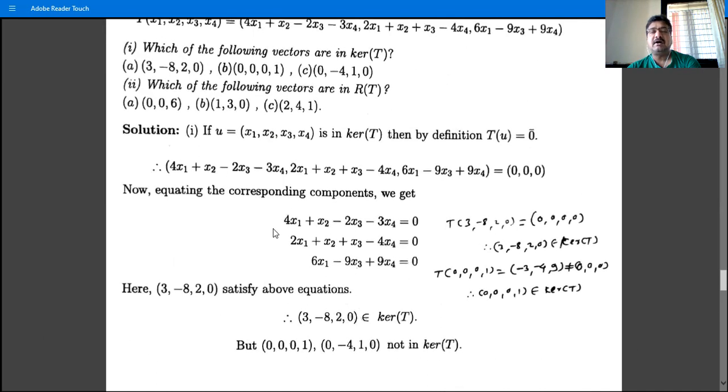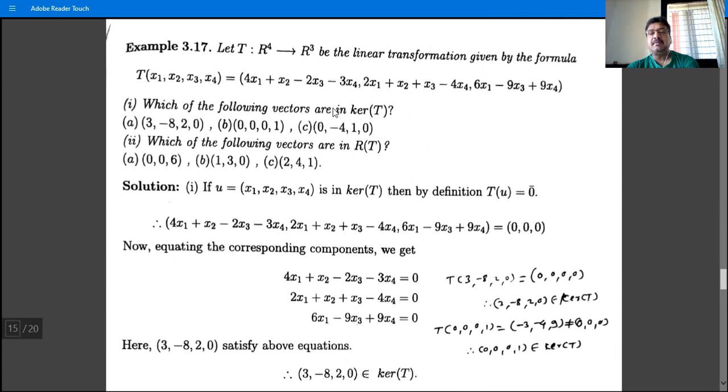This is the first method, or we can just remember the definition of the kernel of T. The kernel of T is the subset of R^4, that is the domain, consisting of the elements of R^4 whose images are 0, that is, u belongs to R^4 such that T(u) = 0.